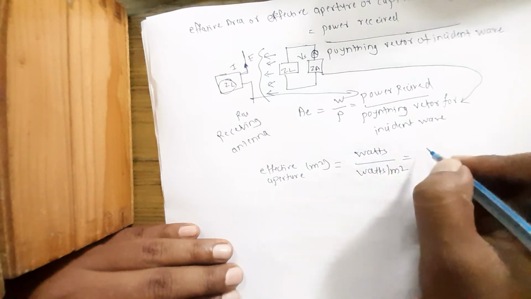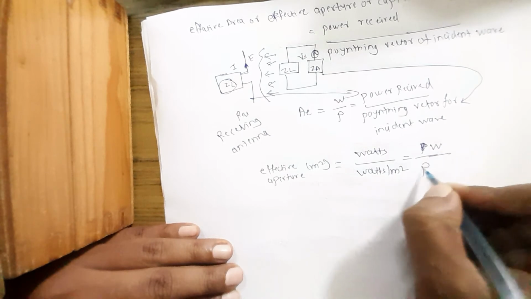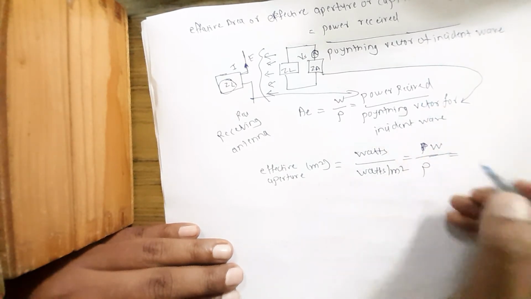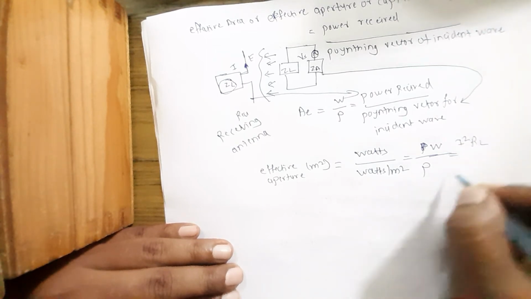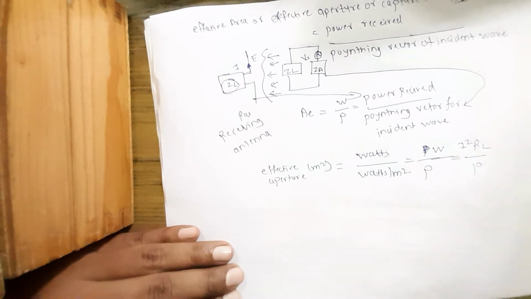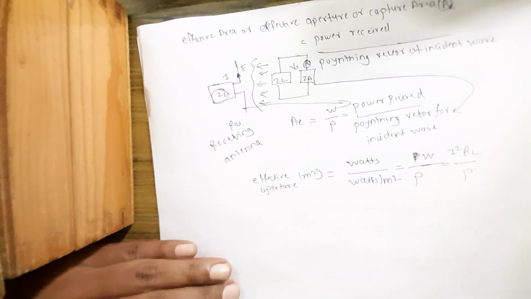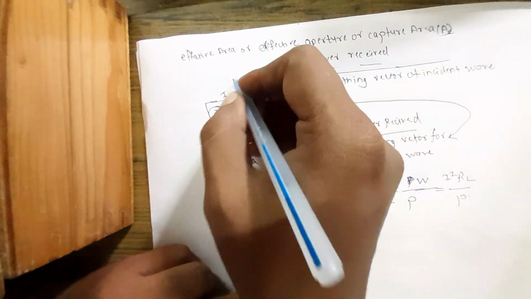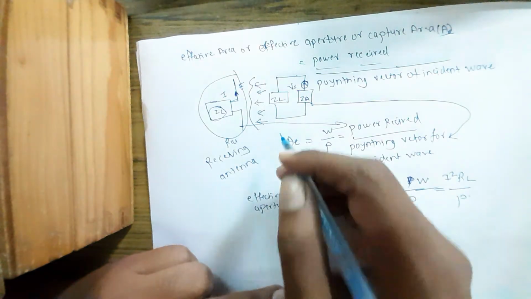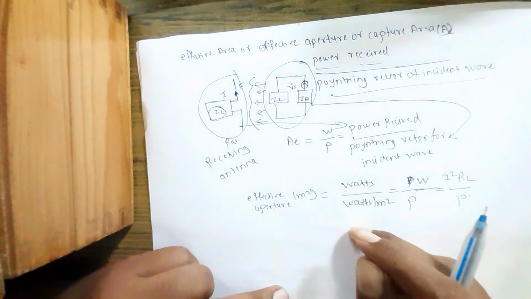So here W divided by P, that is power received divided by the Poynting vector. So power W equals I square into R, divided by P. This is a simple formula for effective area or effective aperture or capture area, that is, the power received by the receiver antenna to the incident power for the input antenna.